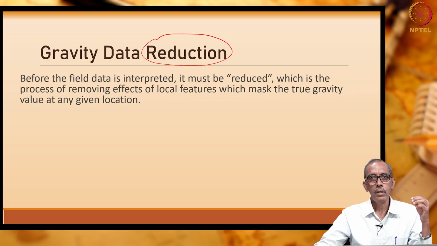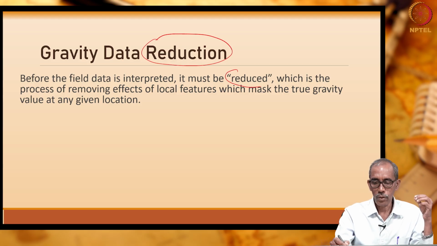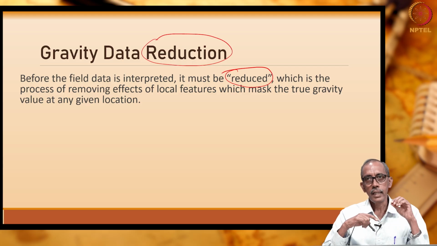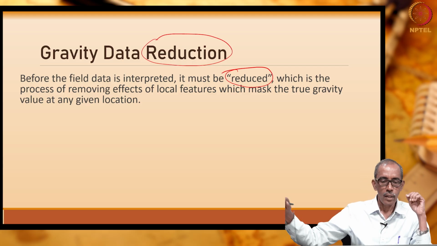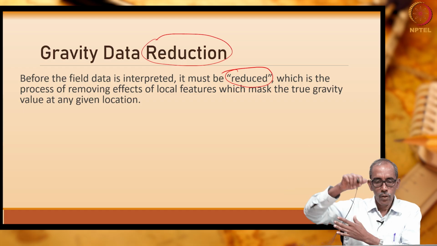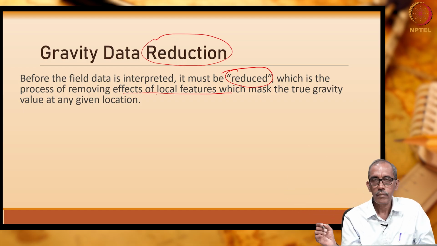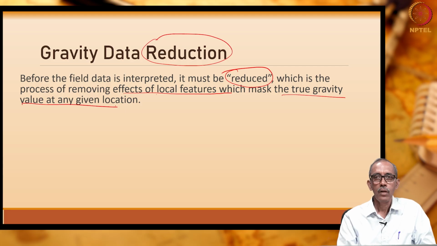That means before using the data which we have collected from the field, the data need to be reduced, right. What is that? Reduction is the process of removing the effects of local features, which mask the true gravity value of a given location, right. So, this process is known as removing the effect.